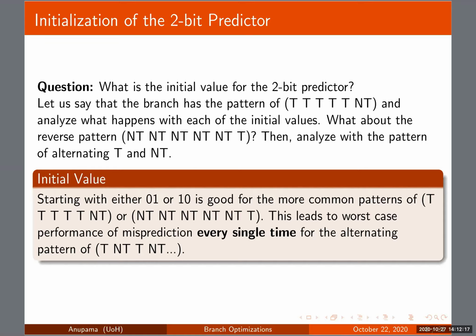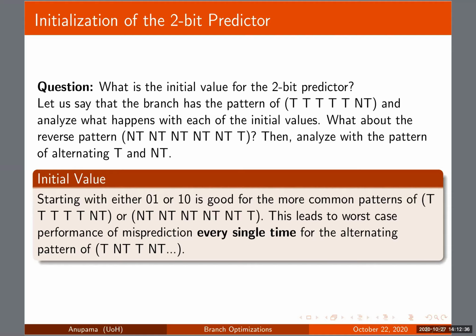If you compare it to the 1-bit predictor, you have 2 mispredictions per loop, whereas here you will have 1 misprediction in the loop. And there will be some patterns where even the 2-bit predictor doesn't work so well.